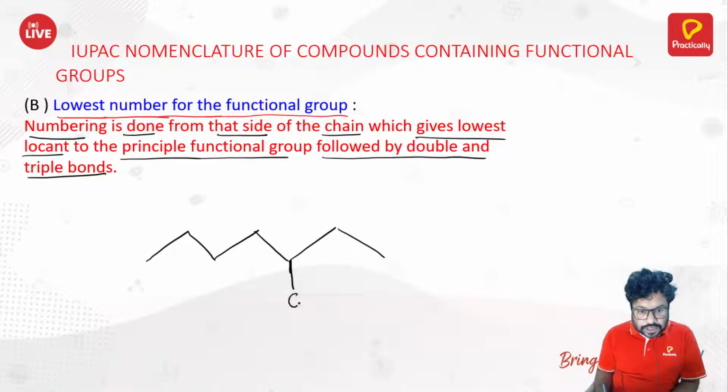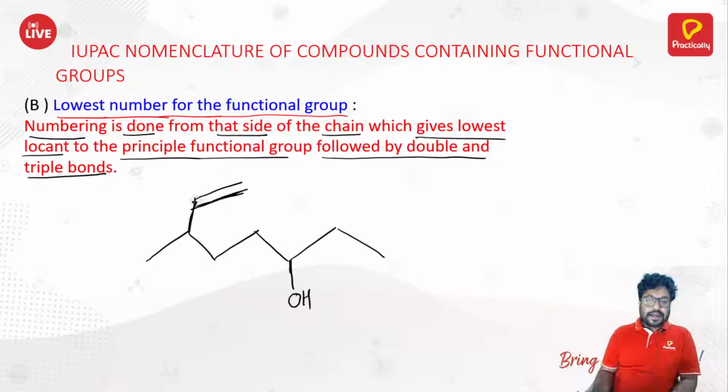Suppose you have an OH here, and suppose you have a double bond here like this. Now, how would you go? Let's see.